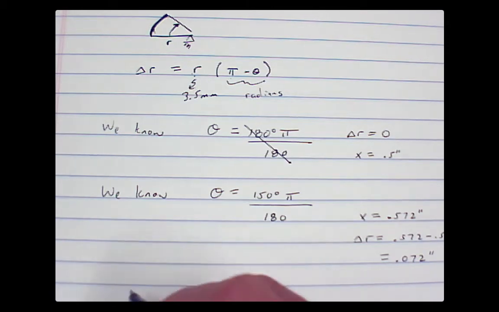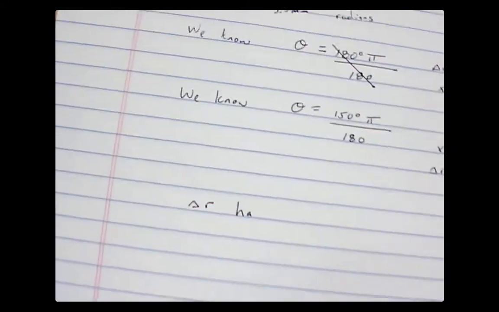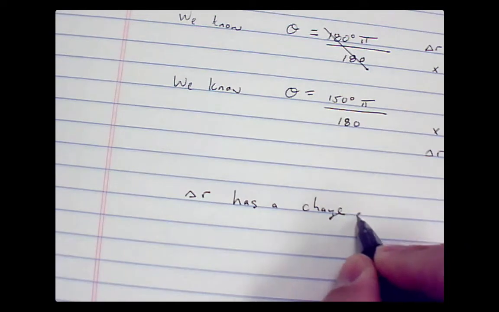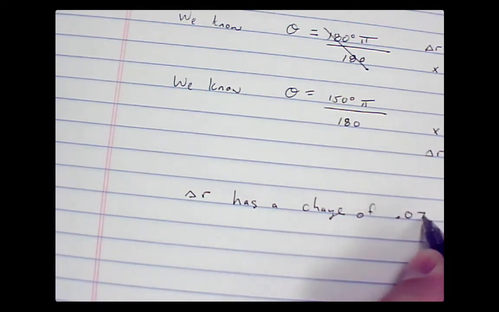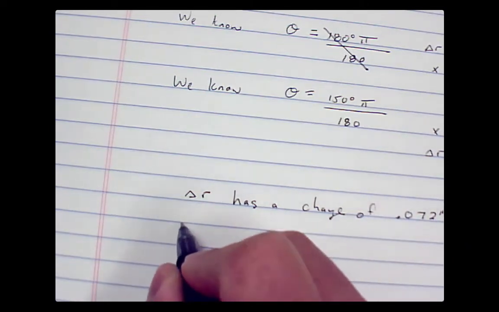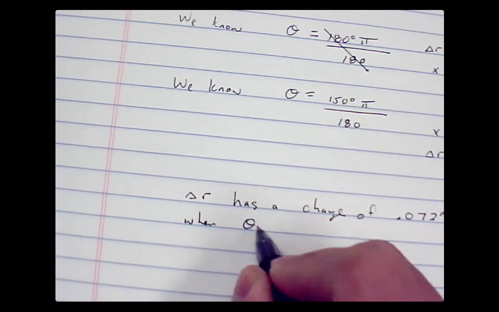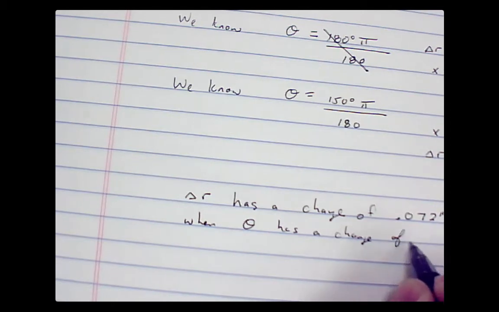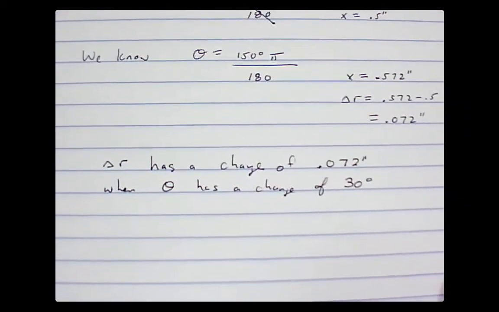So delta r has a change of 0.072 inches when theta has a change of 30 degrees. This is what I know.